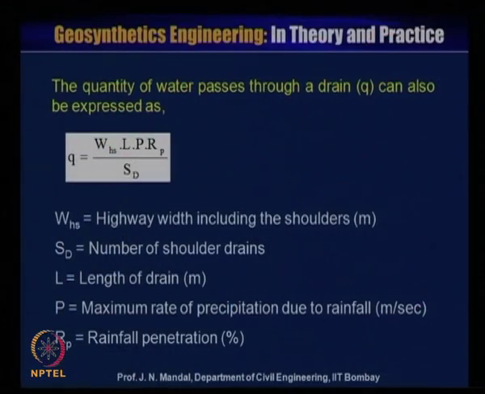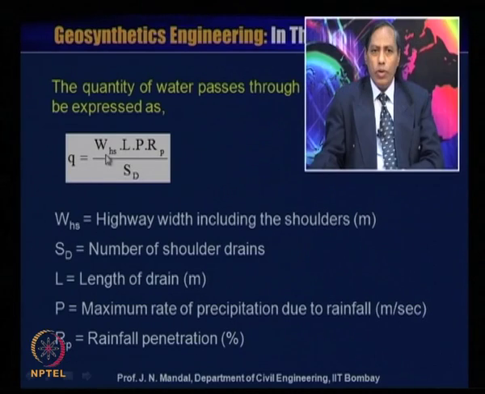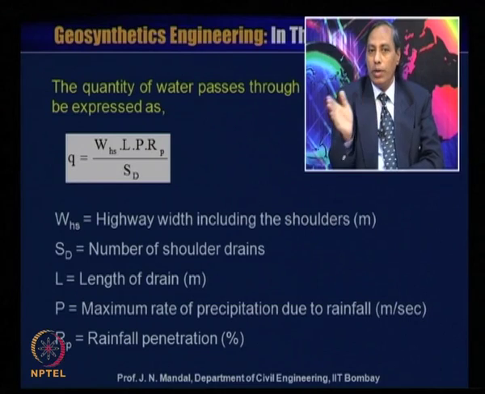Now, the quantity of water that passes through the drain, q, can also be expressed as q is equal to WHS L P RP divided by SD, where WHS is the highway width including the shoulder. So, you are considering the shoulder part also, in meters, that is why WHS.